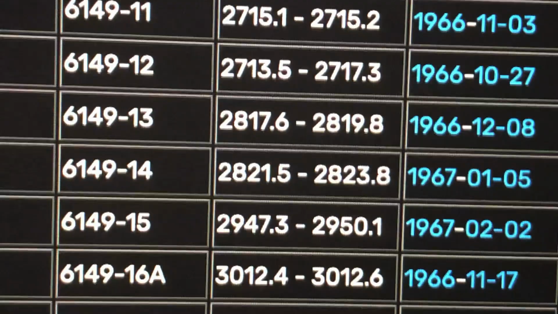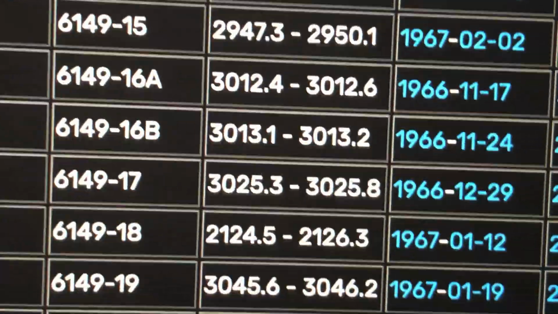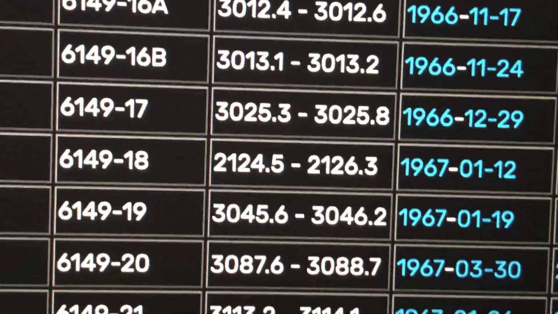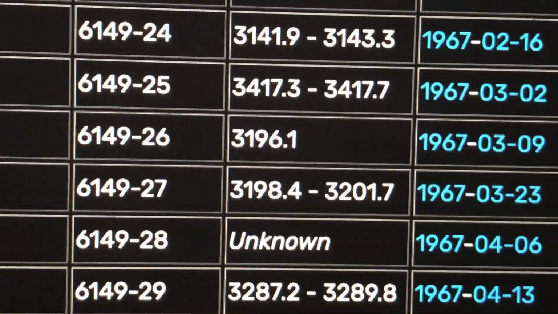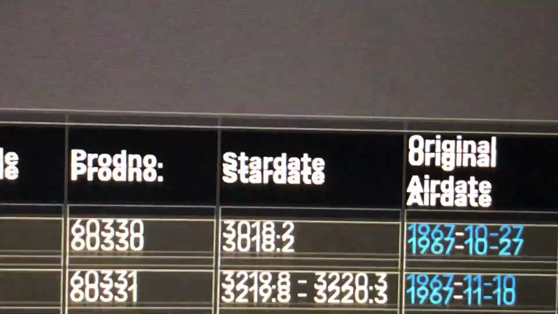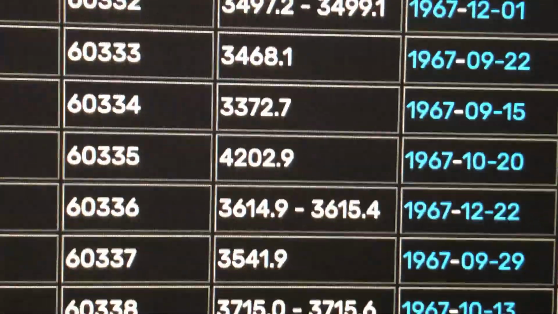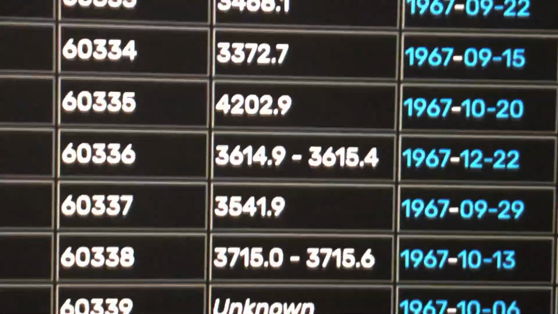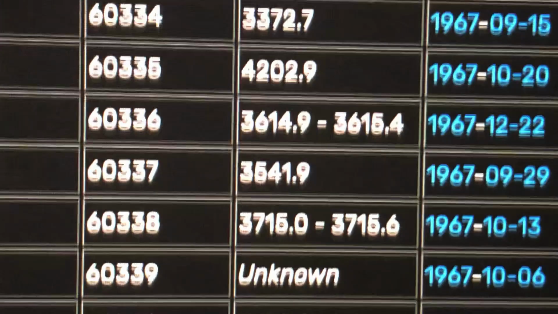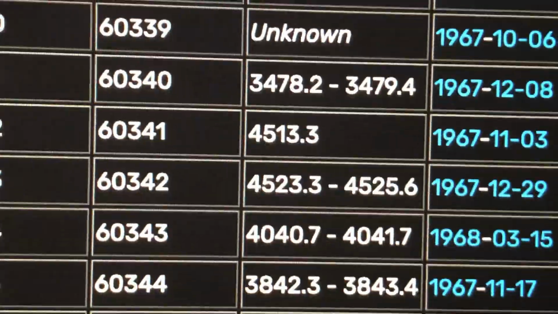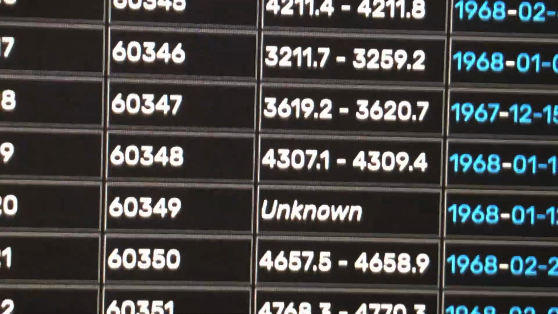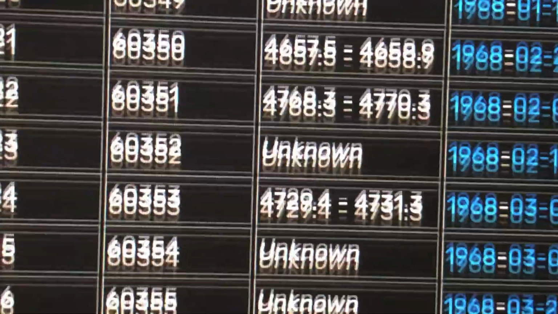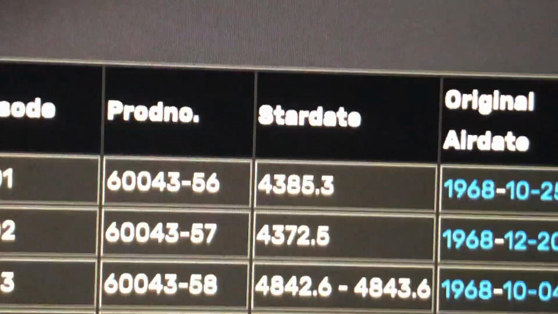And then we stay in the 2000s, get up to the 3000s, back to the 2000s, up to the 3000s. And we're in the 3000s. Stay there, go to the 4000s briefly, then we're back to the 3000s. 4000s again, 3000s, 4000s, 3000s, then staying in the 4000s.